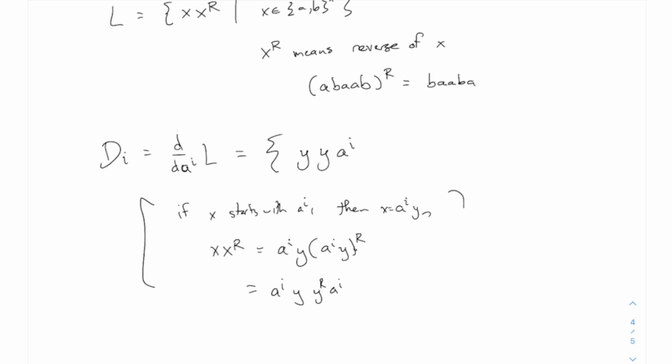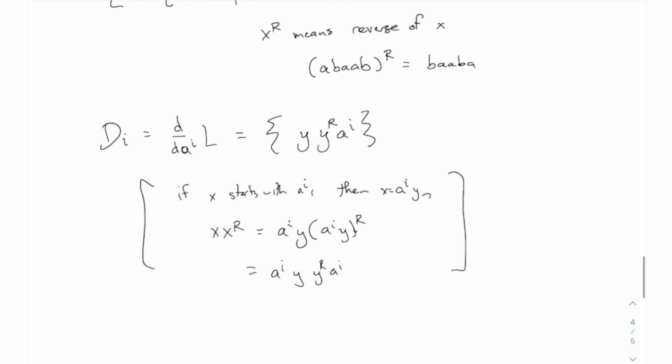Anyway, that means when you take this thing and take its derivative with respect to a to the i, that a to the i goes away. What remains is y reversed a to the i. Either way, those D_i's are all different because they end with a to the i, and so if you use different values for i, you get different sets.